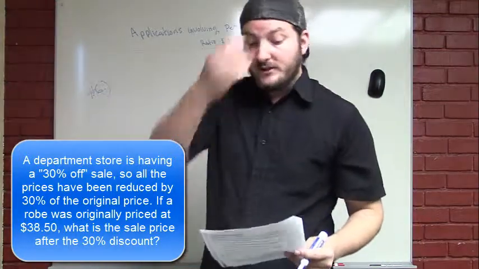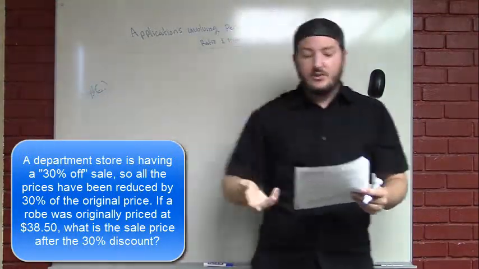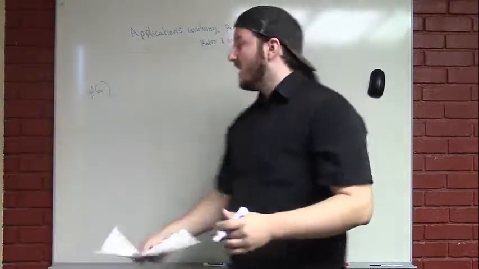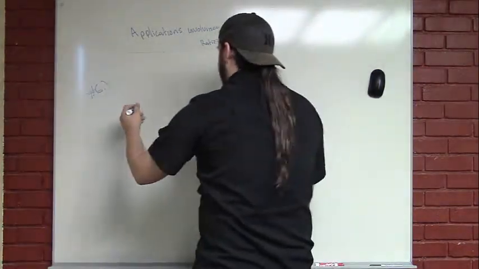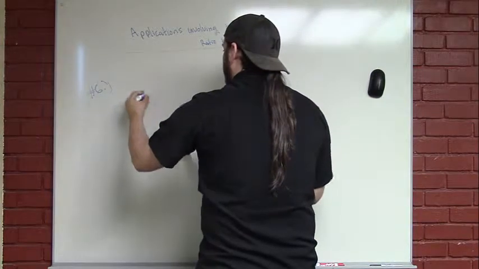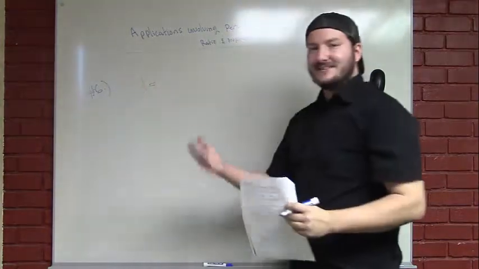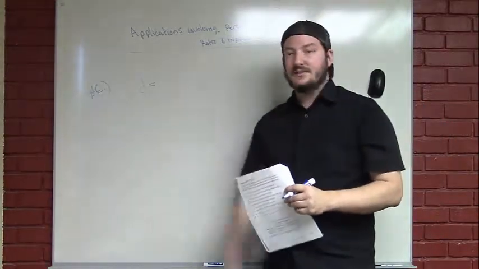So the first thing you've got to do is find what 30% of the original price is. We'll call our discount D. You can call it anything you want, X, it doesn't matter. I'm going to call it D for discount.